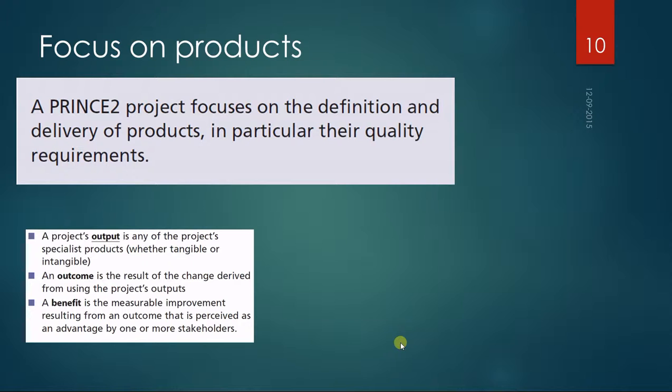An example I heard is, if you have a project that needs to deliver a school, then the output of the project would be the school, and the outcome would be better educated children, for example. The benefits would be that you can see that people in the area earn more money or are happier, something like that.